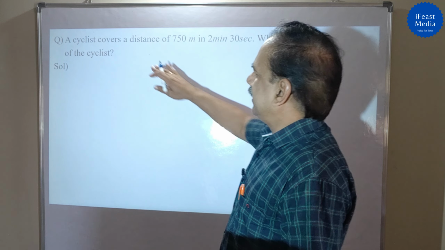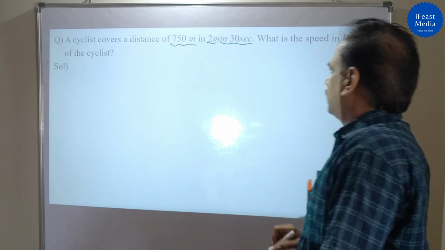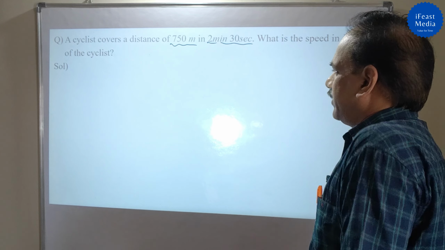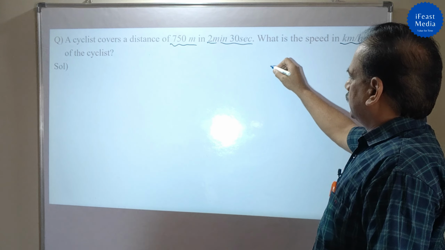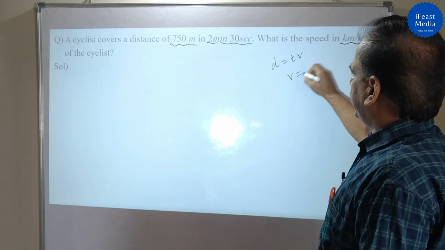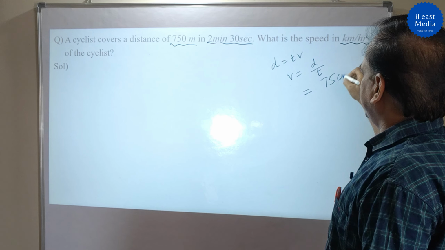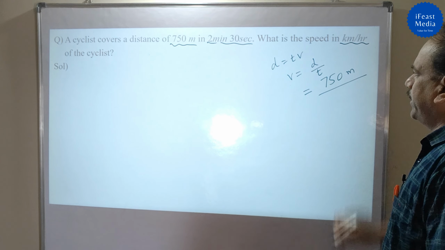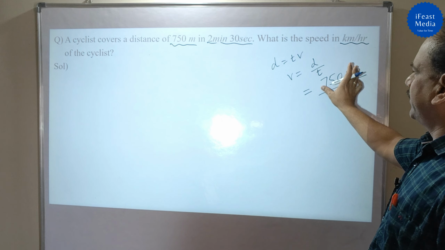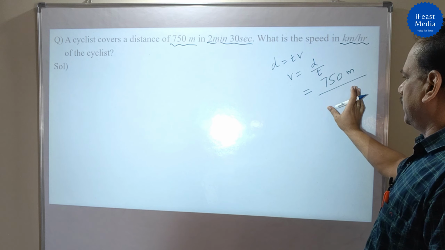Coming to this problem, a cyclist covers a distance of 750 meters in 2 minutes 30 seconds. What is the speed in kmph of the cyclist? So again, D equal to TV, you are asked to find the speed, D by T. The distance is 750 meters divided by time taken is 2 minutes 30 seconds. When it is in meters, denominator time should be in seconds, right?